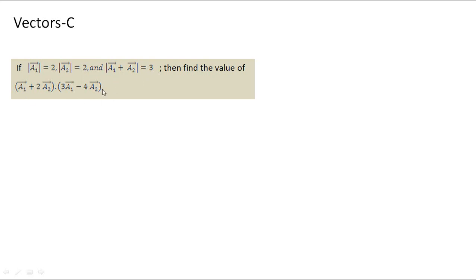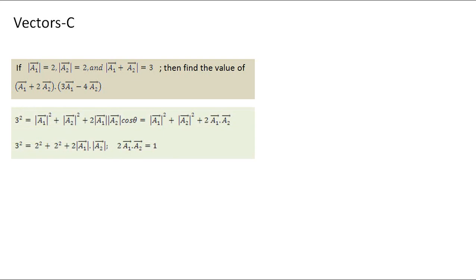It's a dot product, a very odd looking kind of thing. It looks odd, it looks complex, but it is simple. Let's see how we solve this one. Let's use the information given in the first part. What is this 3? The square of this is equal to the square of the magnitude of A1 vector plus A2 vector. What is that equal to?